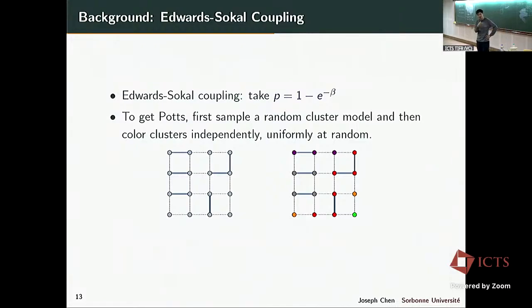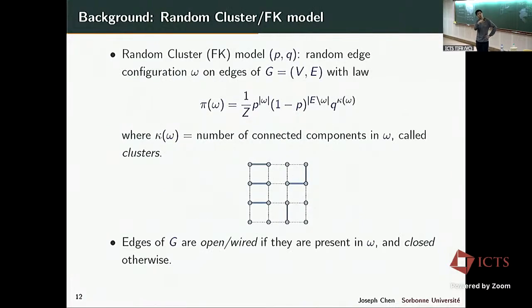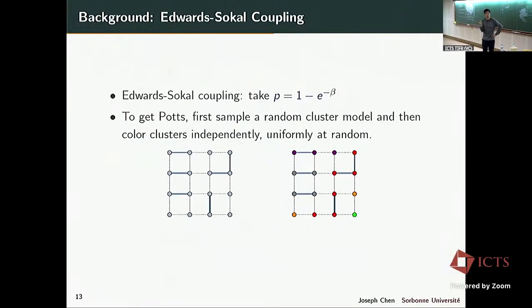So this says if my global cluster weight q is the same as the q in Potts, and my edge weight p is 1 minus e to the minus beta, then I can get a Potts model by just sampling a random cluster model and then coloring the clusters uniformly and independently at random. And so you should think that in the background of these Potts interfaces, you have at the same time existing some edge percolation.